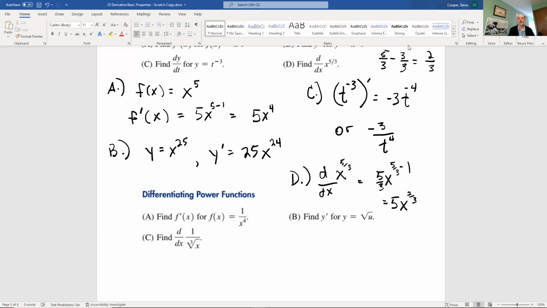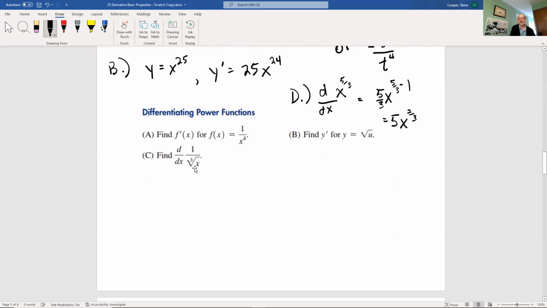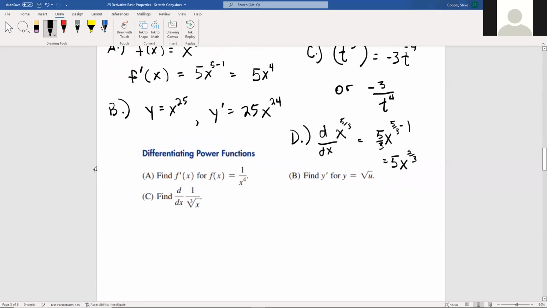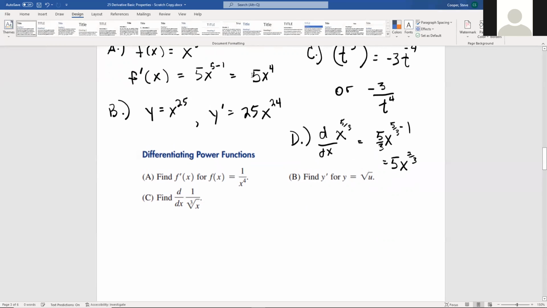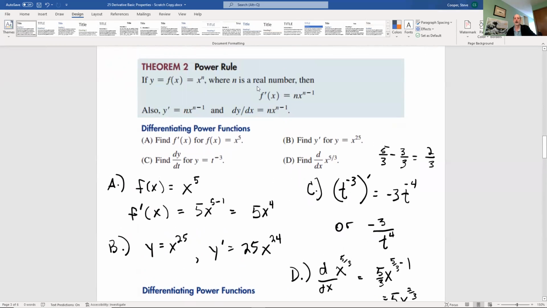Okay, and we've even got more power than that with just this rule, because remember that radicals are. Question: why does the 5/3 in front of the x change to 5? On part D, I'm taking the derivative of x to the 5/3. So by this rule up here, I'm going to bring 5/3 down in front of x, because n is my 5/3.